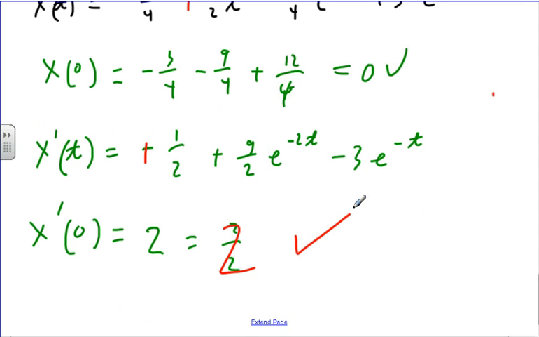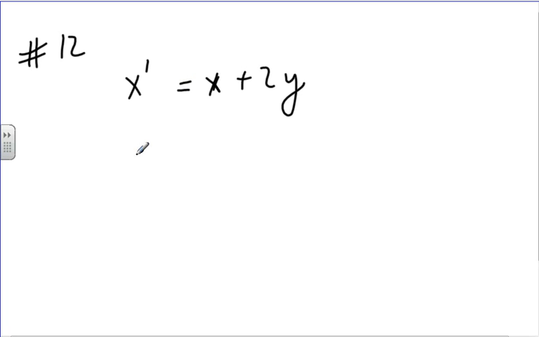Moving on to 12. We have plenty of time. Number 12: x prime equals x plus 2y, y prime equals x plus e to the minus t.